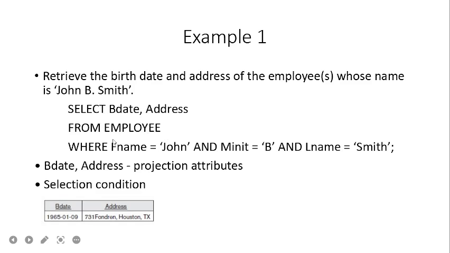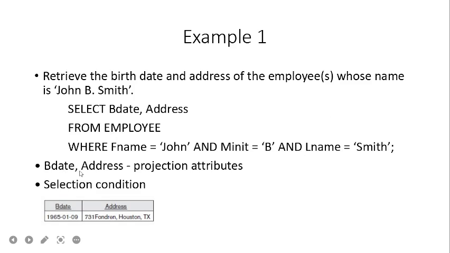Here we are retrieving details from a single table, that is employee. So from employee, where the condition is fname equal to John, middle initial equal to B, and lname equal to Smith. So that is the condition.